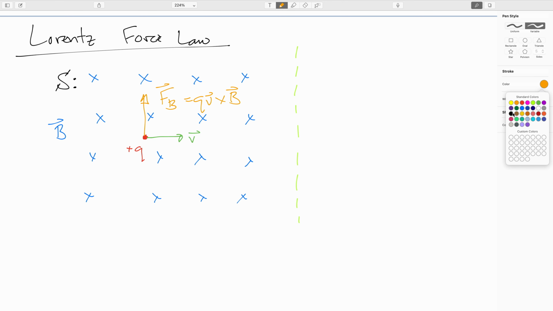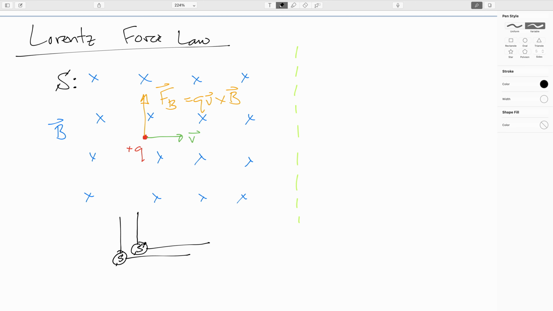So this is our observer S, who is stationary with respect to the magnetic field. S sees, so I'm going to draw S's coordinate system here, S sees the charge as moving to the right at velocity v. Now I want to think about our companion observer, S prime. S prime, and I'm drawing S prime's coordinate system here.